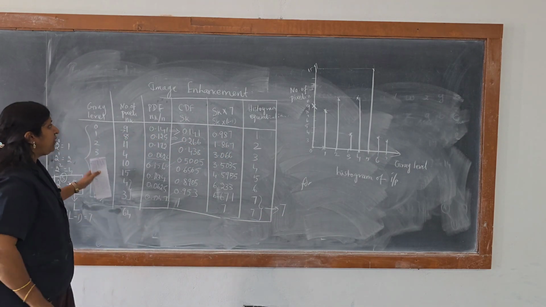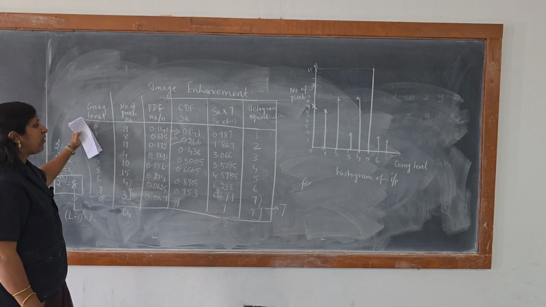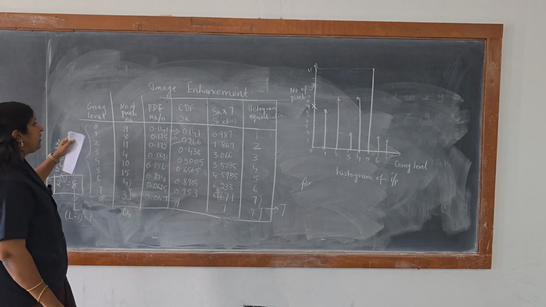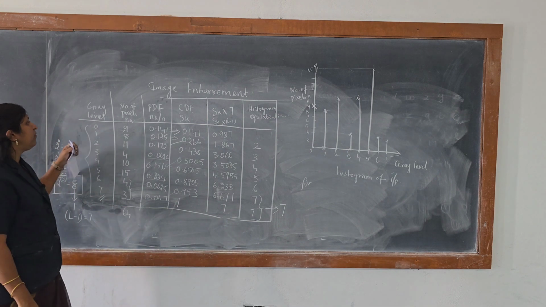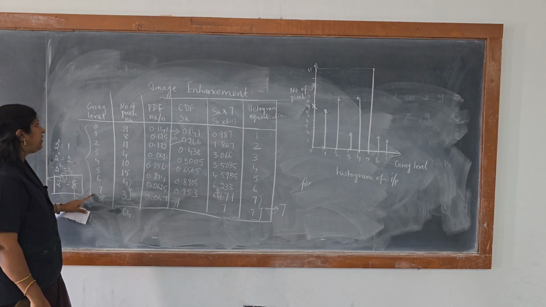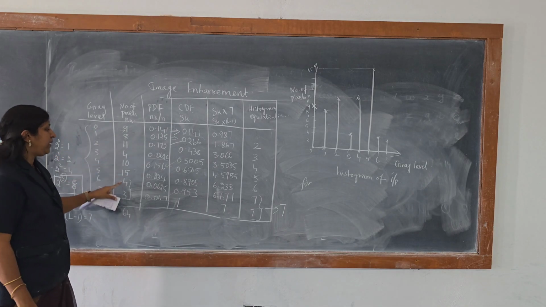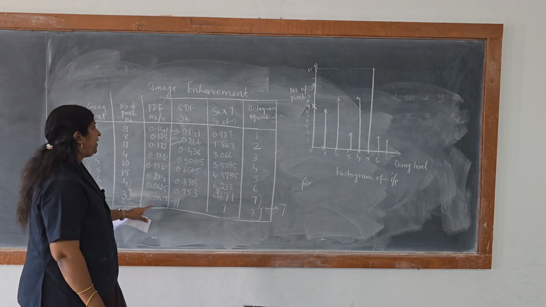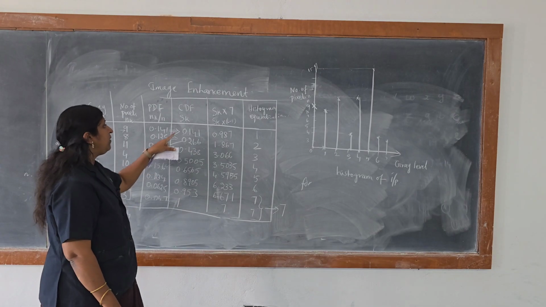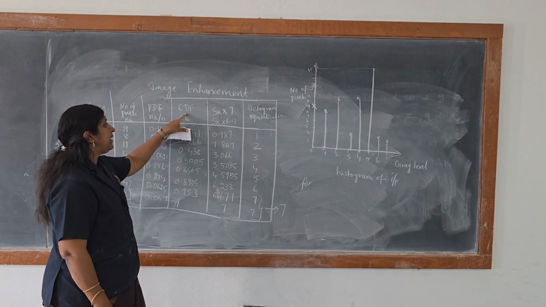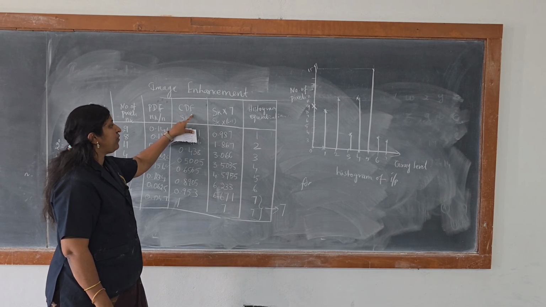Okay. So after calculating all these values, what we have done is: from the problem statement I have written the gray level, then number of pixels, then I have calculated the PDF value. From the PDF value we have calculated the CDF, that is the cumulative distribution function.